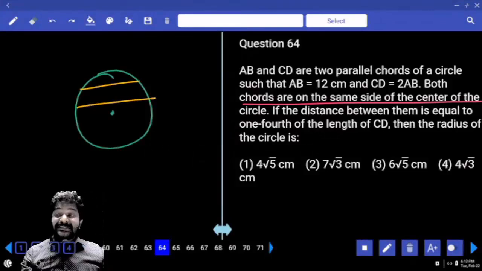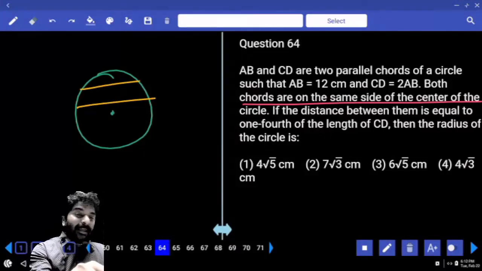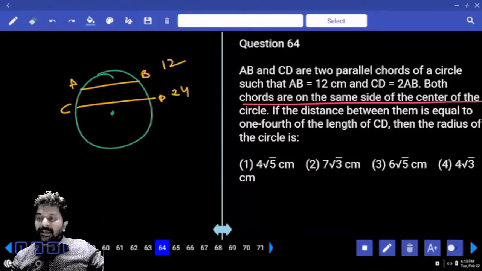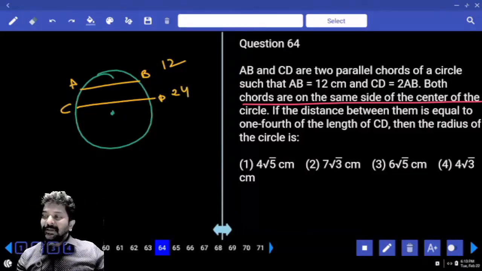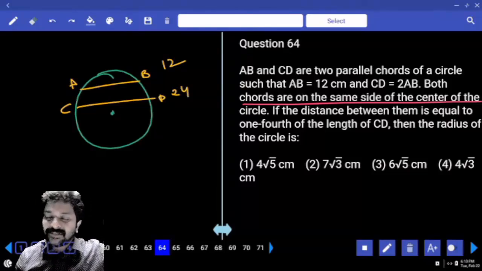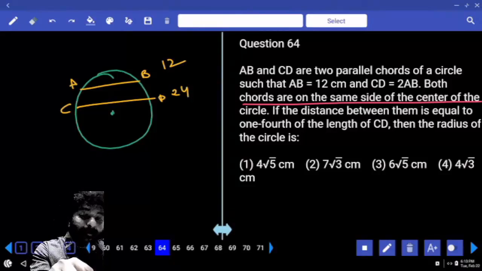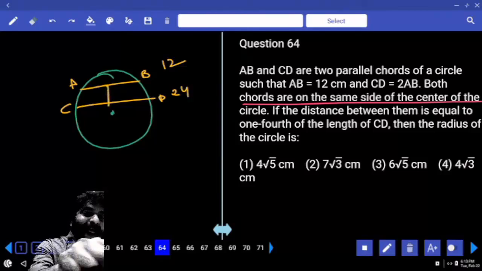As CD is more than AB, I'll take this as AB and here this as CD. This is equal to 12 and this is equal to 24. If the distance between them is equal to 1/4 of length of CD. What is CD length? 24. 1/4. That means distance between these two chords is equal to 6, correct?